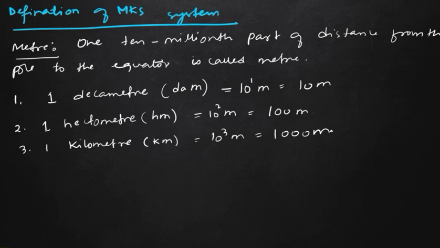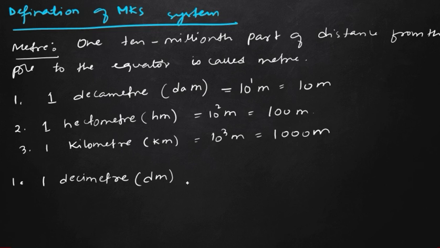Next we have some smaller submultiples, the negative powers of 10. These above were all positive powers of 10. If we say 1 decameter, this one is decimeter. Don't be confused between decameter and decimeter. 1 decimeter is written as dm.